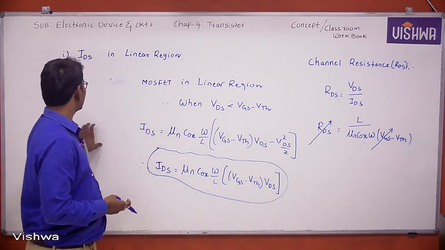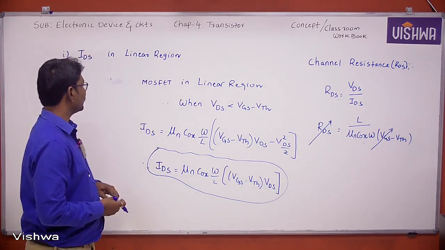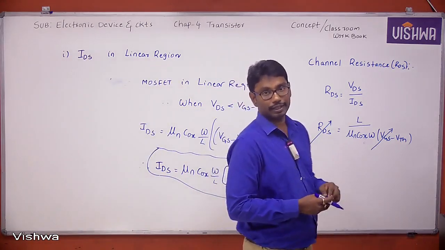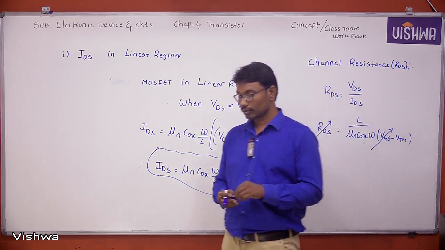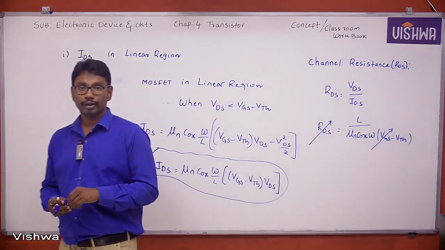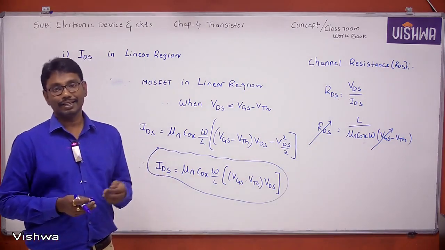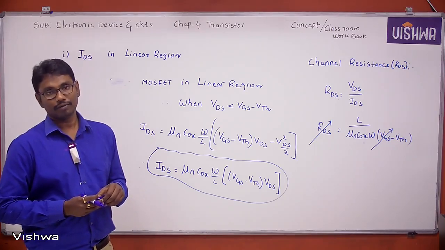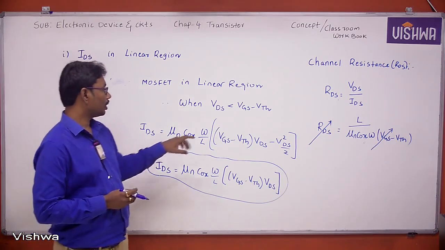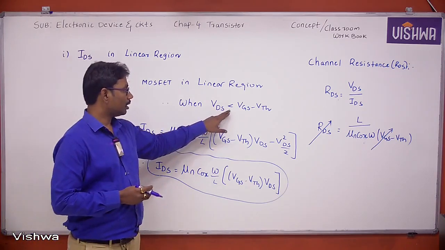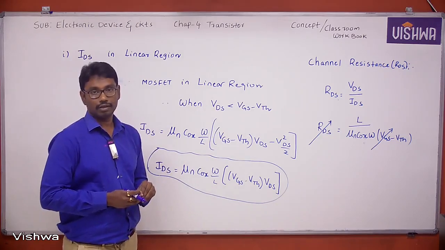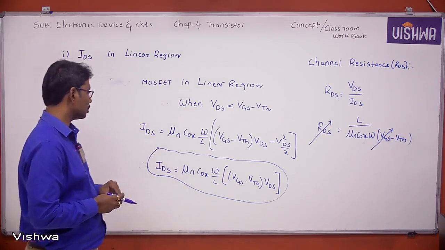Next, put the heading: case 1, IDS in linear region. Write down: MOSFET is in linear region when VDS is less than VGS minus VTH.